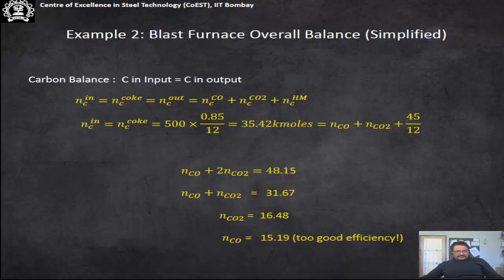There will be lectures on blast furnace rist model where you will be able to appreciate why the CO-CO2 ratio has to be close to 1. Anyway, for the time being, let us take this example, and you can see that CO2 is slightly more than the number of moles of CO.